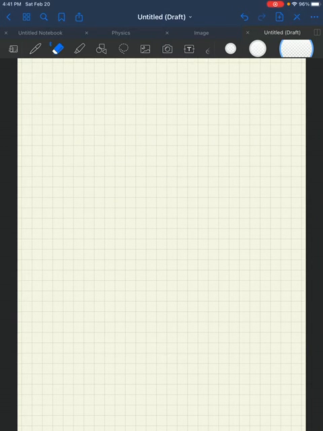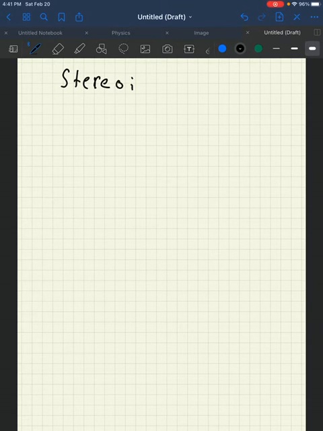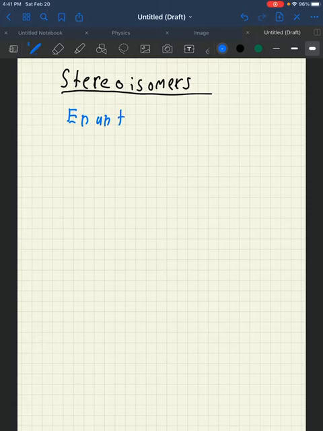So now then, let's look at stereoisomers. There are two types of stereoisomers out there. You have, I might spell this wrong, an enantiomer and a diastereomer.